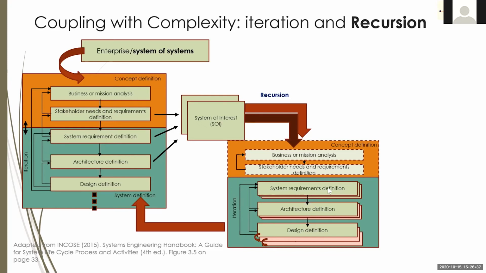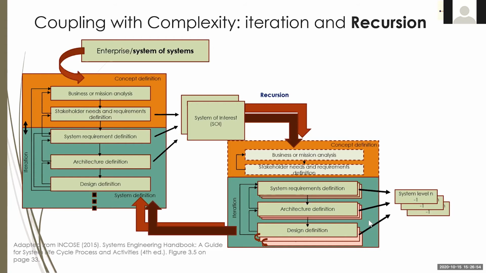And while you are working in this system of interest, maybe you realize that that system is still very complex and you will have to decompose it into subsystems, okay? And maybe working in one of those subsystems, you find again some other errors that were at the system of systems level, and you have to come back.